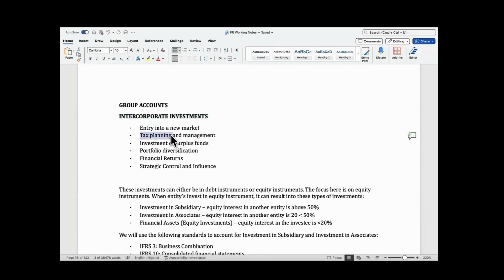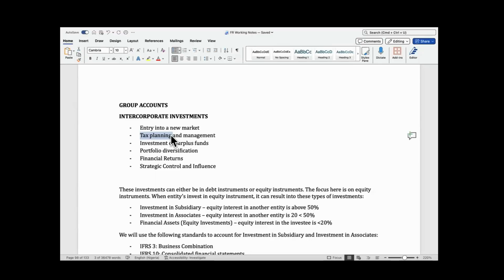Maybe there's a jurisdiction where if they have holding in that jurisdiction, they pay little or no tax, or there's a company where if they invest in that company, they can get some economic incentives from the government for a lot of reasons.